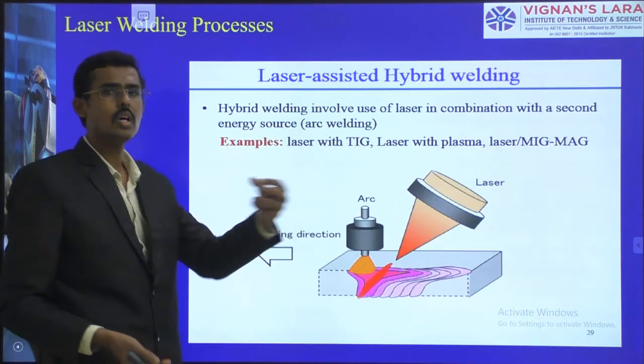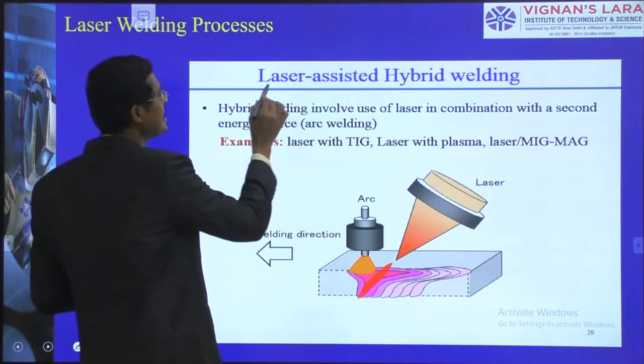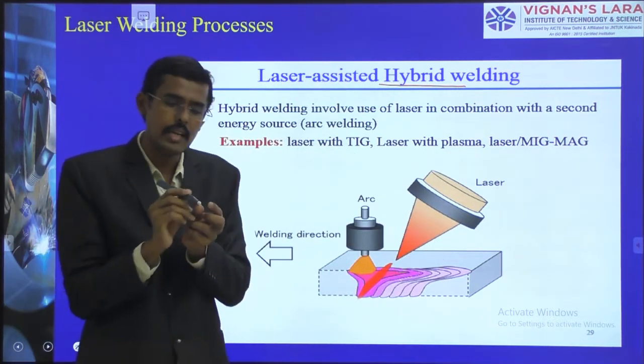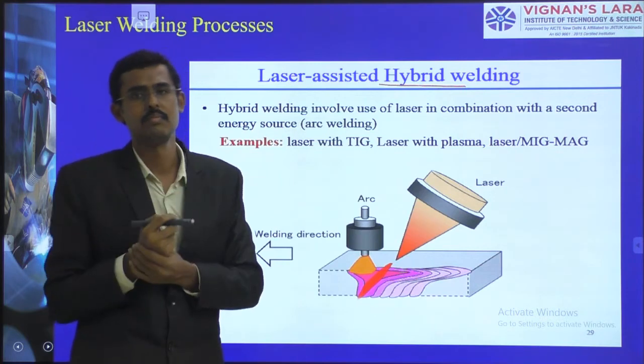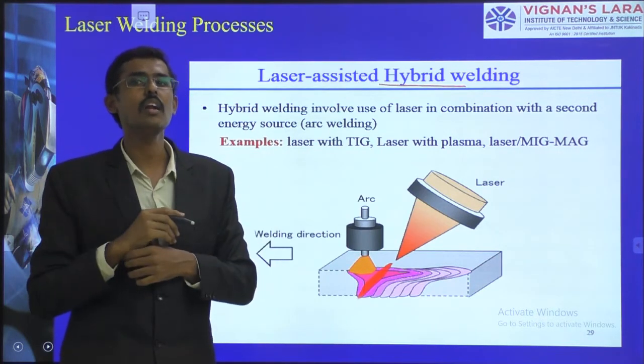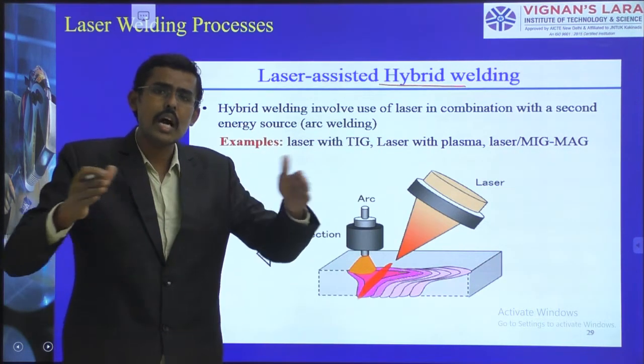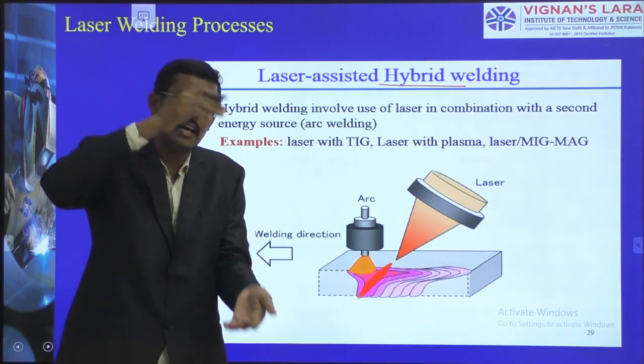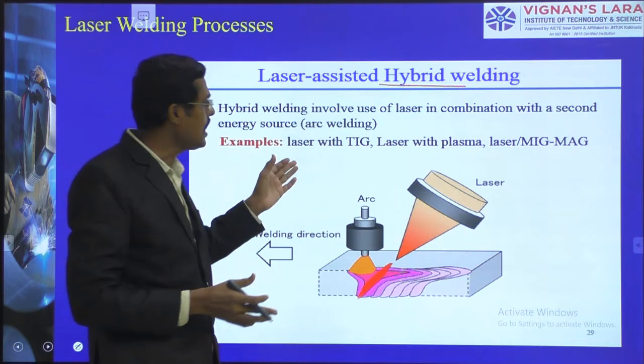So I want to discuss now the laser hybrid process. Through laser I am getting intensified heat. I use this intense heat for welding, but I want to avoid heat affected zones. More heat should not be applied from the high arc length, so I am using the hybrid method.